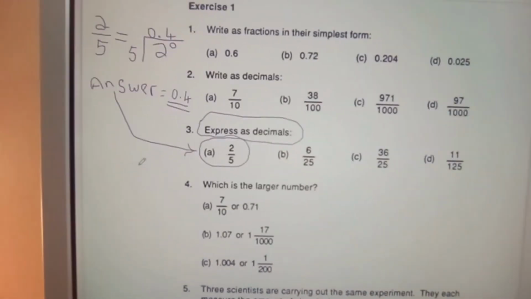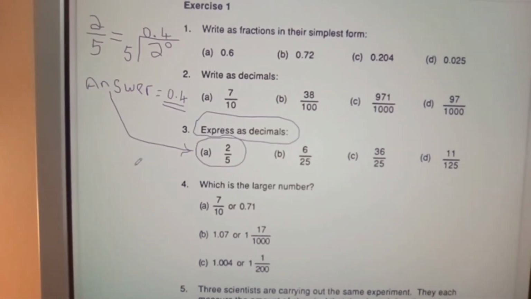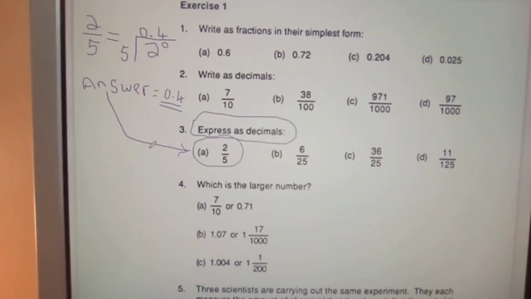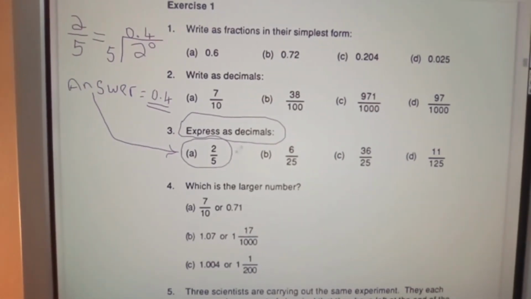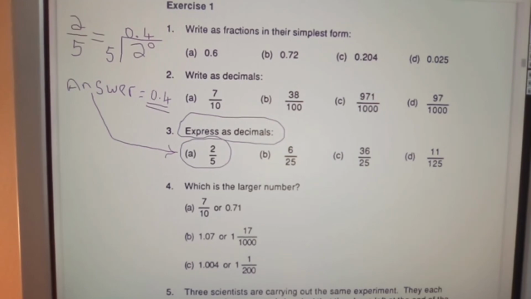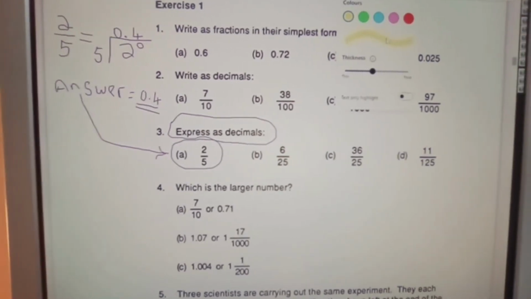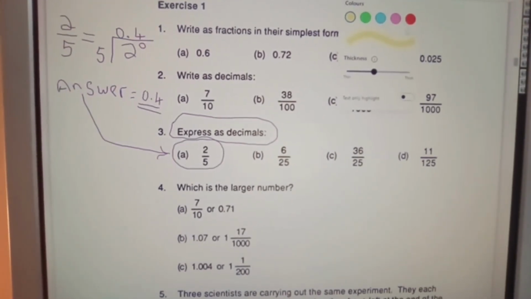I'm just going to experiment with something here, see if it works. Just going to try a little. Let me just try that a little bit here.